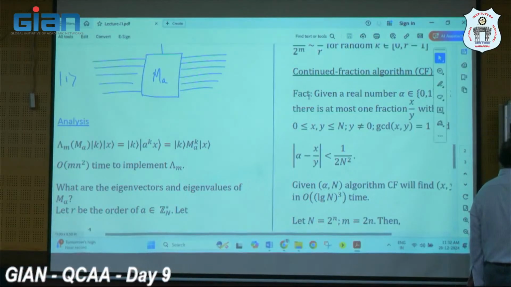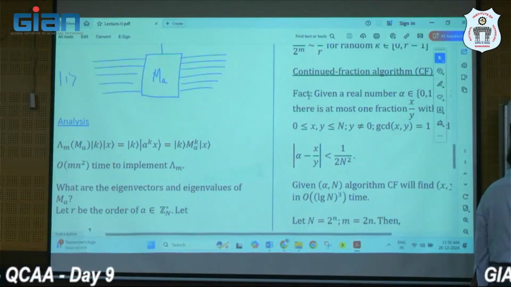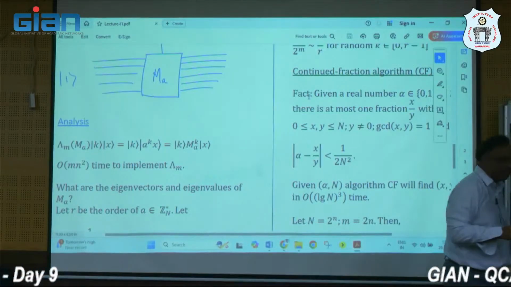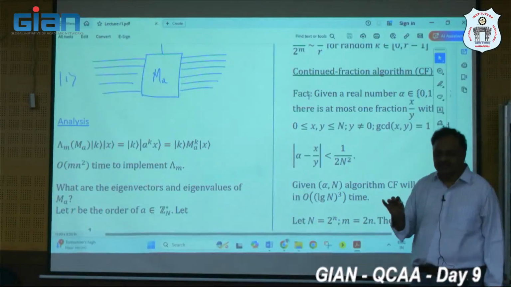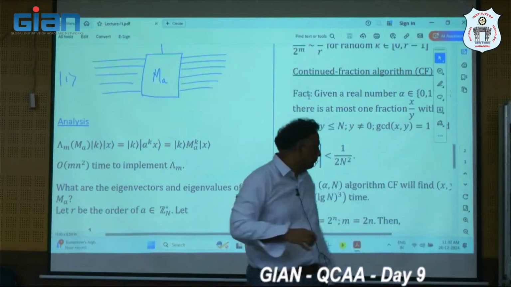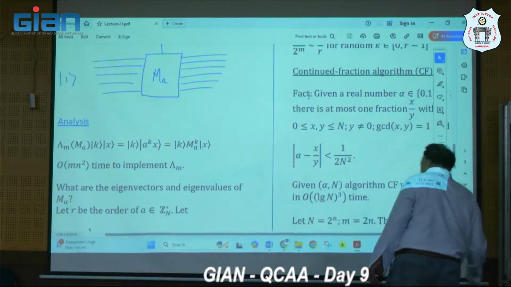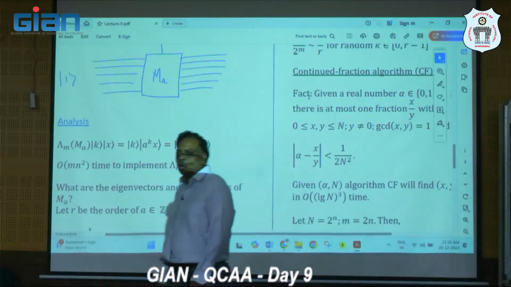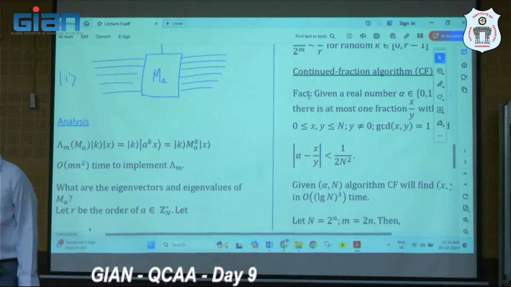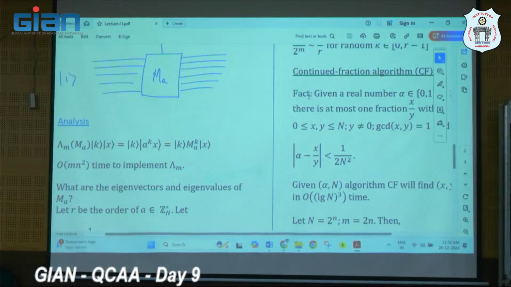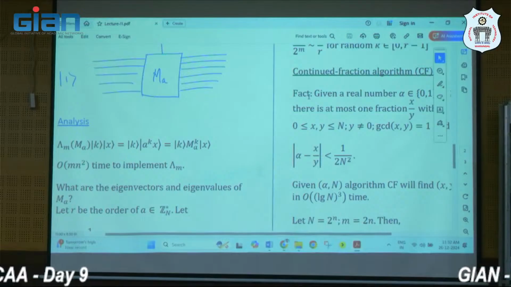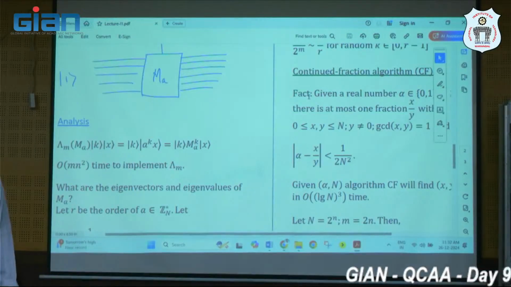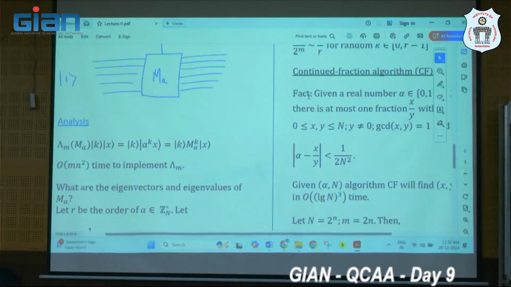Where are we reaching? a to the power 2 to the power k. Agreed? Right? So even if the power is exponentially large, we can still do it using only k iterations, k multiplications, correct? So that is saving us, you see.